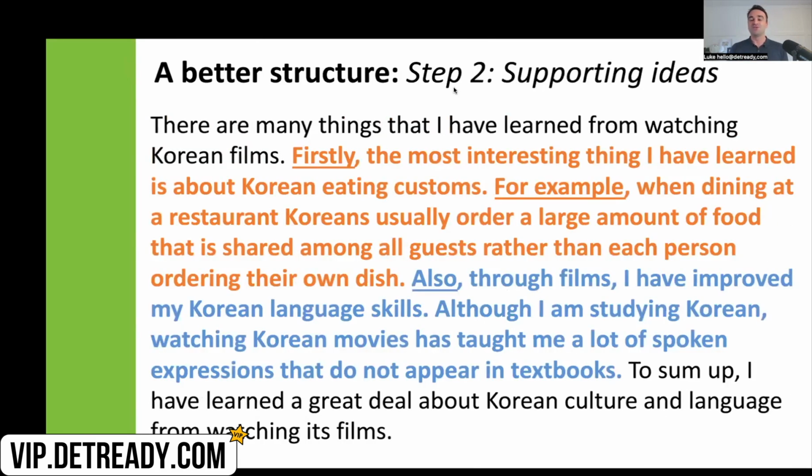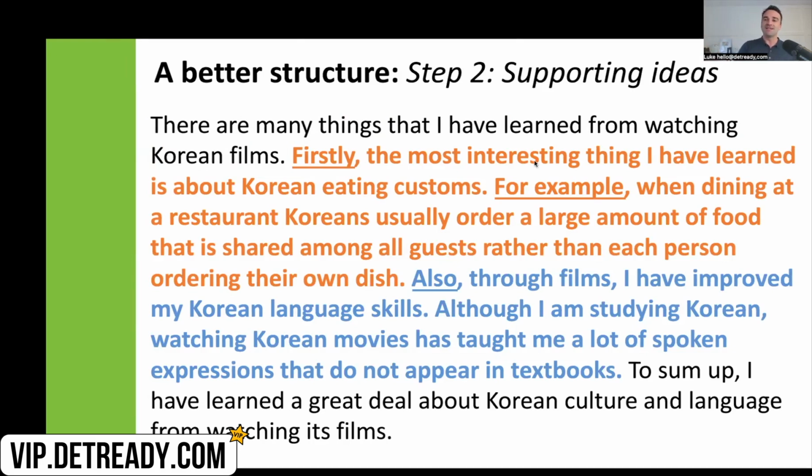Then you want to move on to your supporting ideas or the main body of your paragraph. I wrote two in this example. So I have firstly, which is also a linking phrase, which signals that I'm going to talk about my first idea. There's lots of linking phrases, like firstly, first and foremost, to begin. There's lots of different ways to do that, but usually we use a linking phrase in order to signal and make it clear that I'm now going to talk about my first idea.